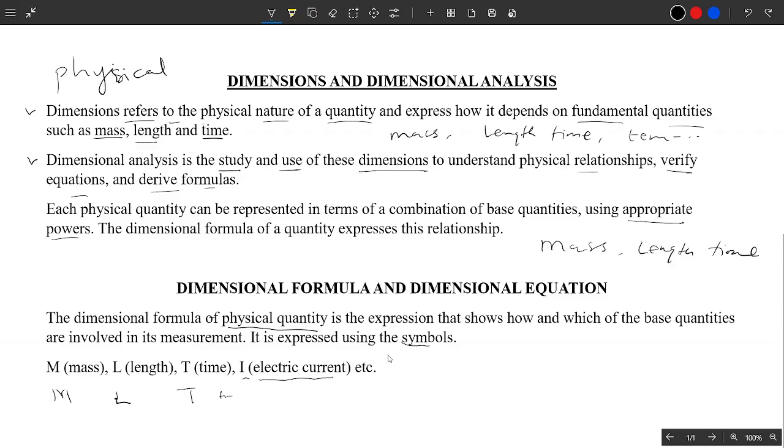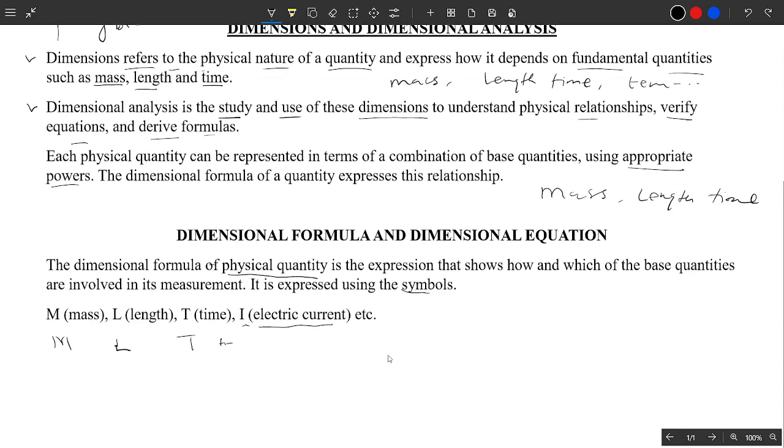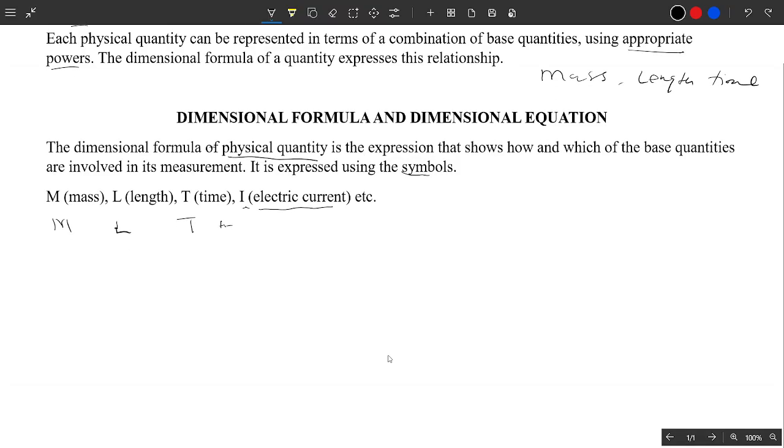All right. Now, looking at the dimensions of quantities. Normally, when we want to find the dimension of a quantity, say velocity, what we do is we base on three fundamental quantities.